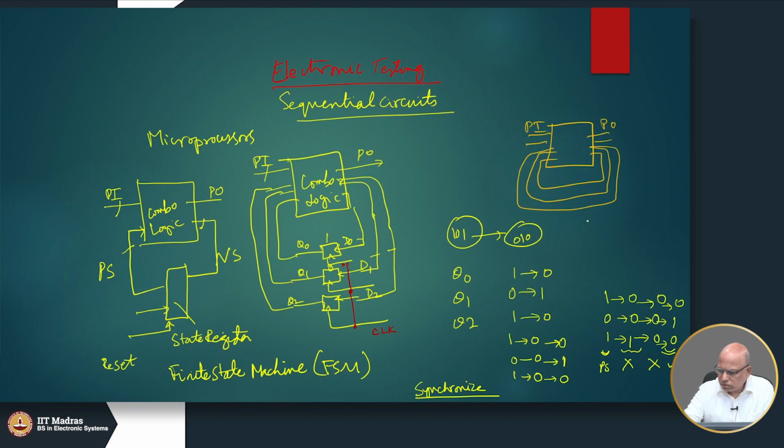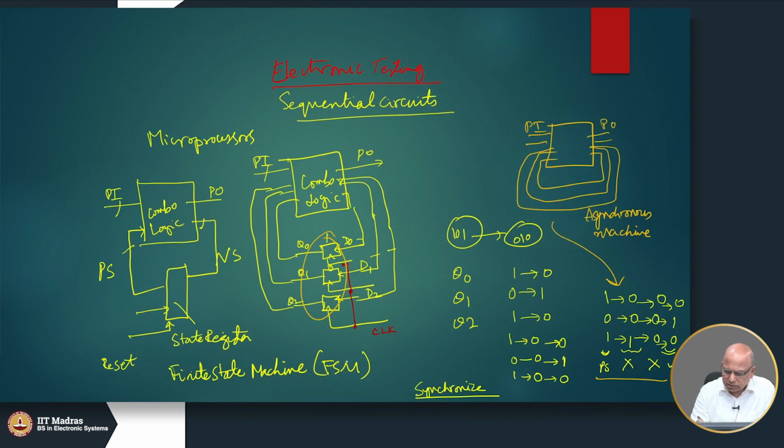So, this is an asynchronous system. Here the difficulty is that this problem may occur. So, what we do is we insert these flip flops here, and we wait for the clock to go from 0 to 1.